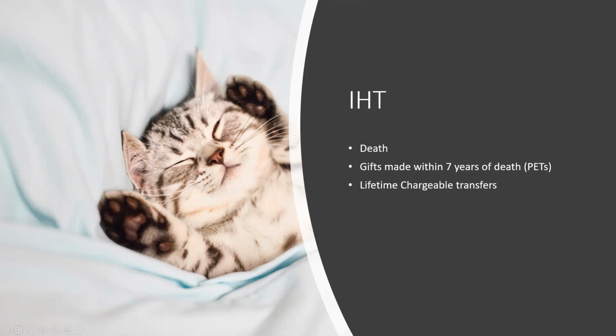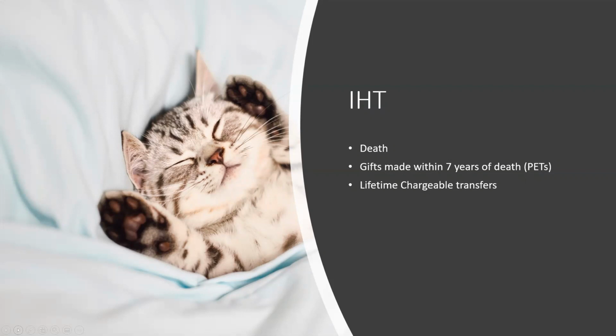But also any gifts which are made within 7 years of death can be charged to inheritance tax, and that's gifts made to individuals within 7 years of the death of the donor of the gift. And also there are some lifetime chargeable transfers immediately chargeable to tax, which are basically gifts to a company or into a trust.